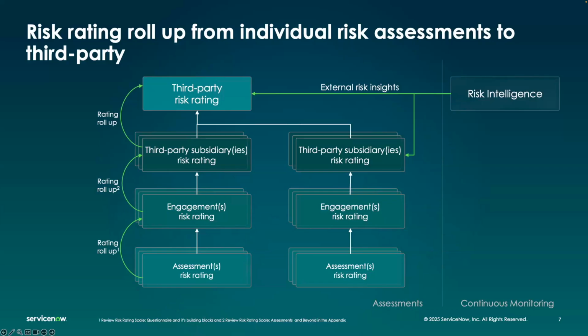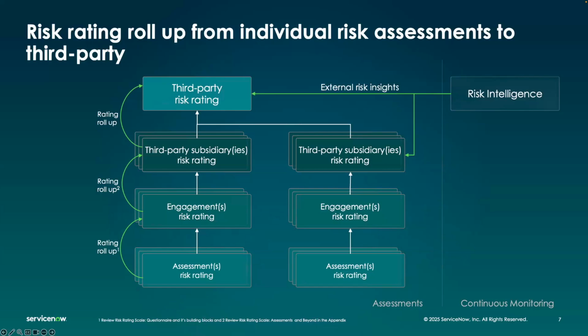And from there up to the third party level, or even a subsidiary if applicable. How the risk ratings at the various levels, assessment, engagement, third party, and subsidiaries, are calculated and consolidated is exactly what we'll be unpacking in this session. Stay tuned for the inner workings of these calculations.